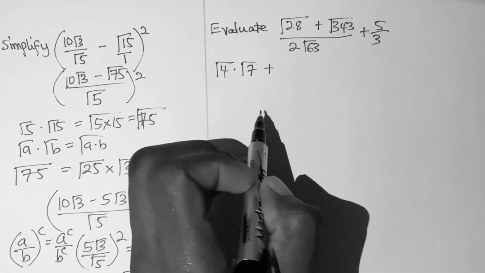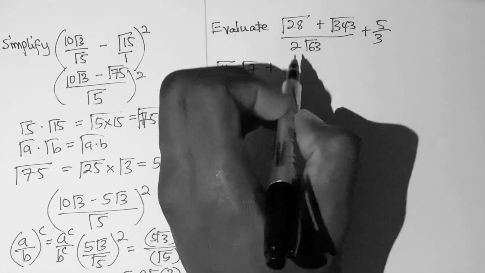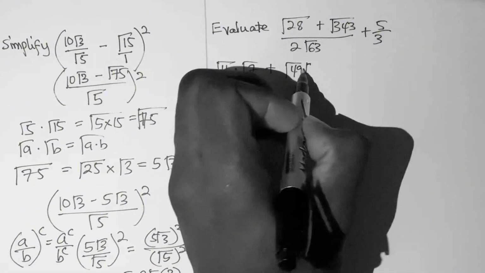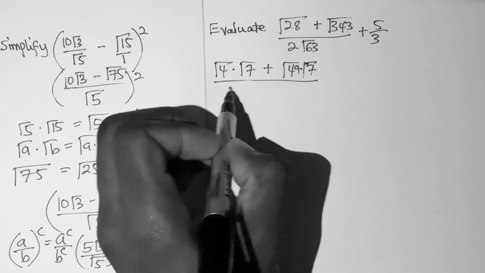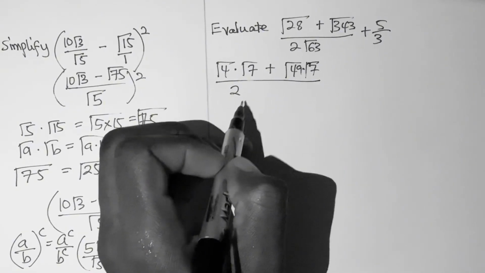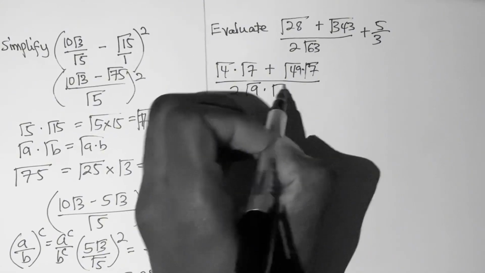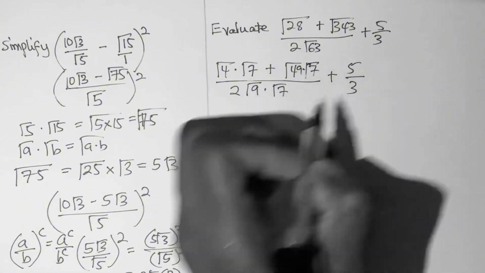Then plus 343 is the same as 49 times 7, so this becomes square root of 49 times square root of 7. And then divided by 2 times 63, which is 7 times 9, so square root of 9 times square root of 7. Then plus 5 over 3.